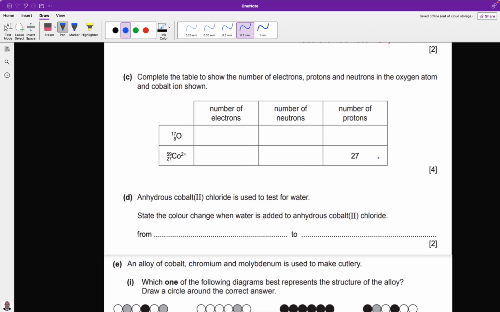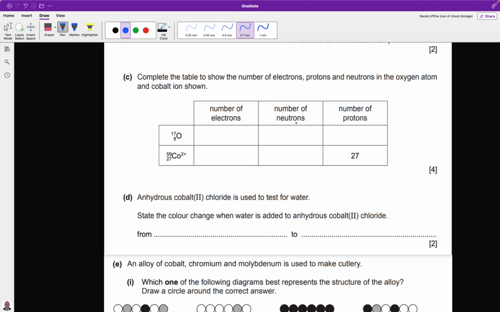Remember in our previous lessons, I told you that the proton number plus the number of neutrons will give you what we call the nucleon number.